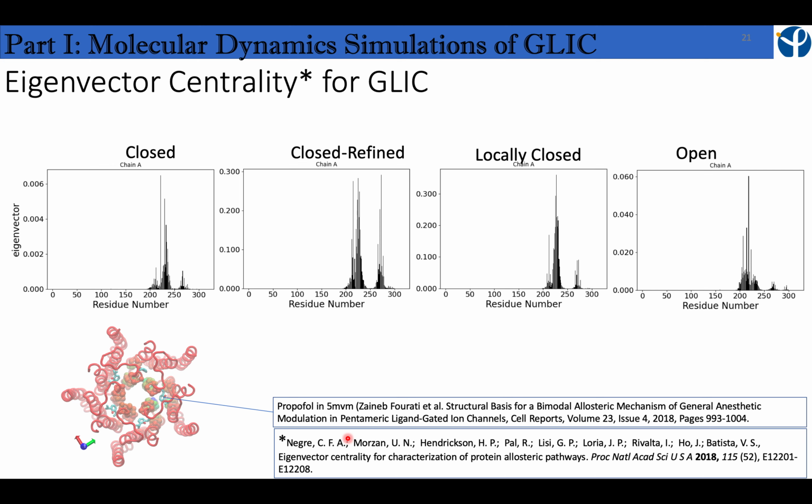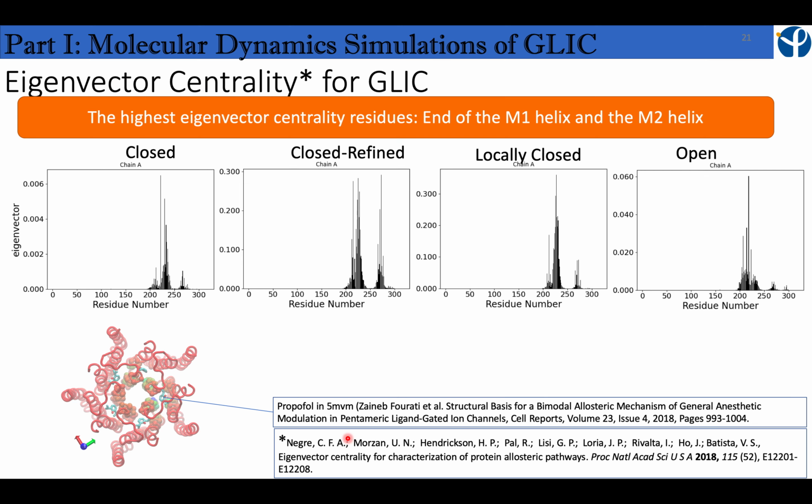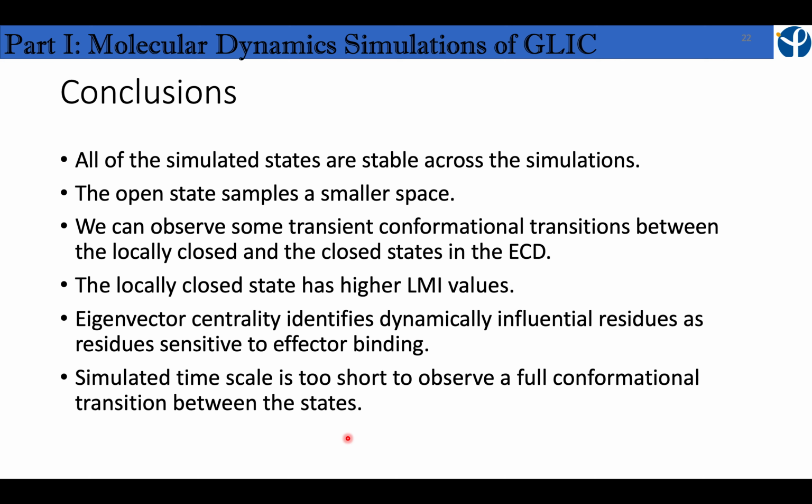But the interesting thing for us in particular, despite the differences in linear mutual information, was to see almost identical locations identified. So I will finish this section with the conclusions. As you can see, all of the simulated states are stable across the simulations.